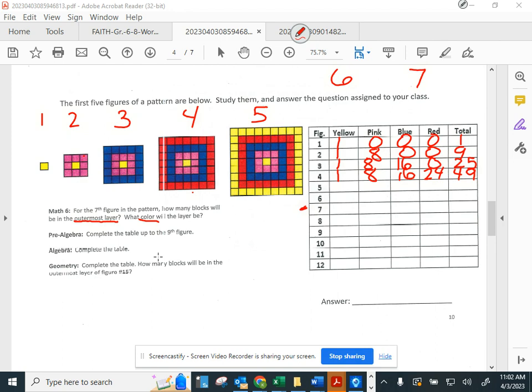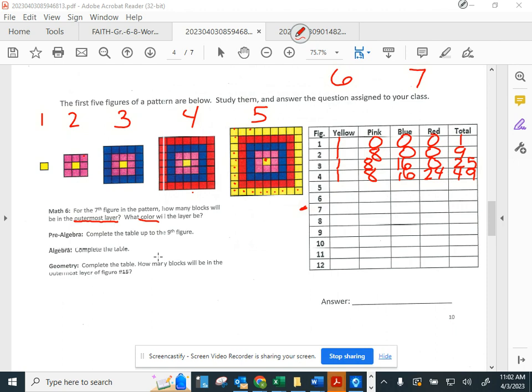How many yellows? 1, 2, 3, 4, 5, and so on up to 32.